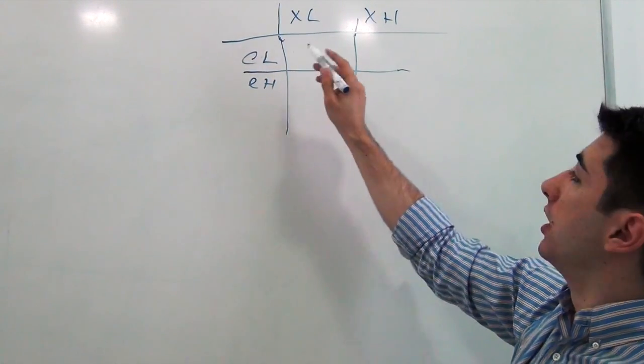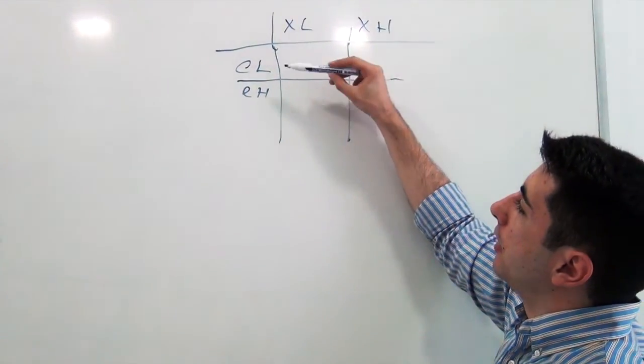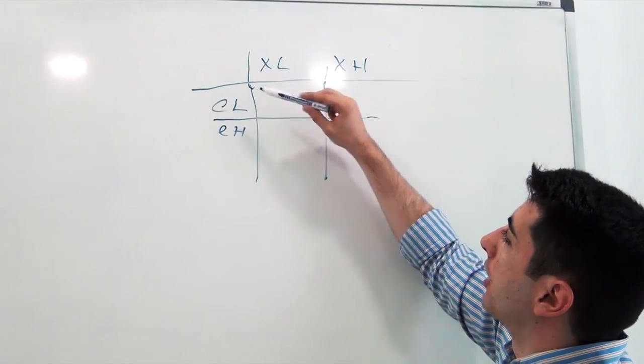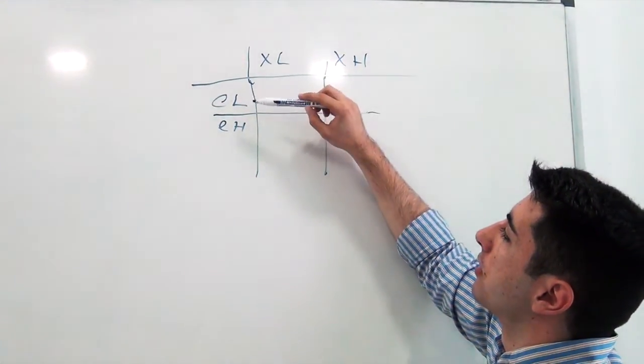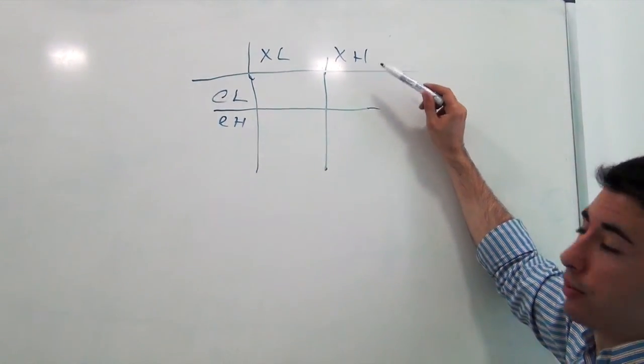In these boxes you have probabilities: the probability that if low effort I get low output, and the probability that if I exert low effort I'm going to get high output.